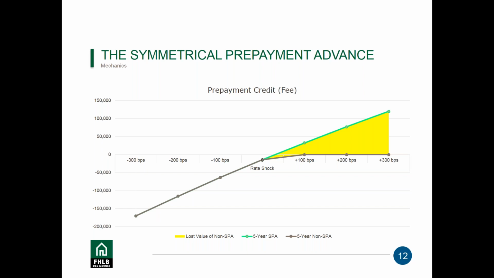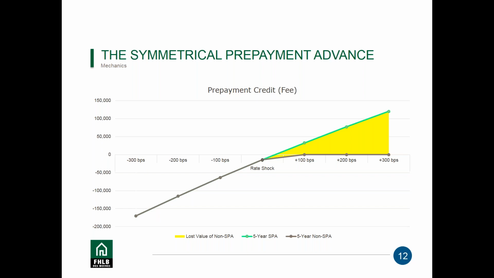Here we're using the example of a 5-year maturity under a rising rate environment. The gray line that you see represents a standard 5-year advance's prepayment fee or credit under varying rate movements. The green line represents a 5-year advance with a symmetrical feature.